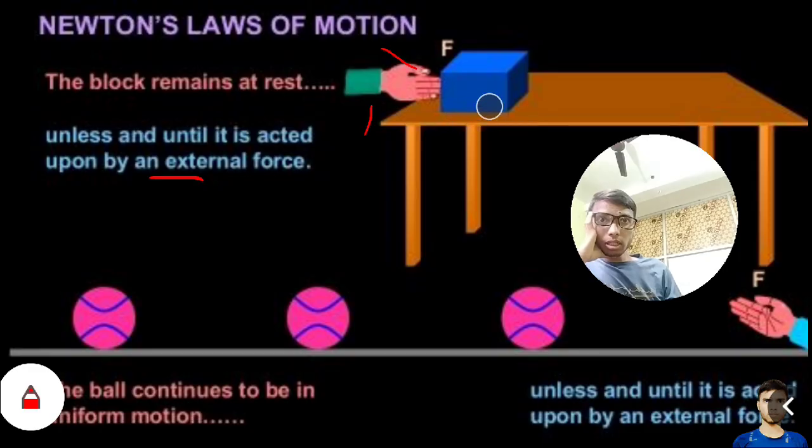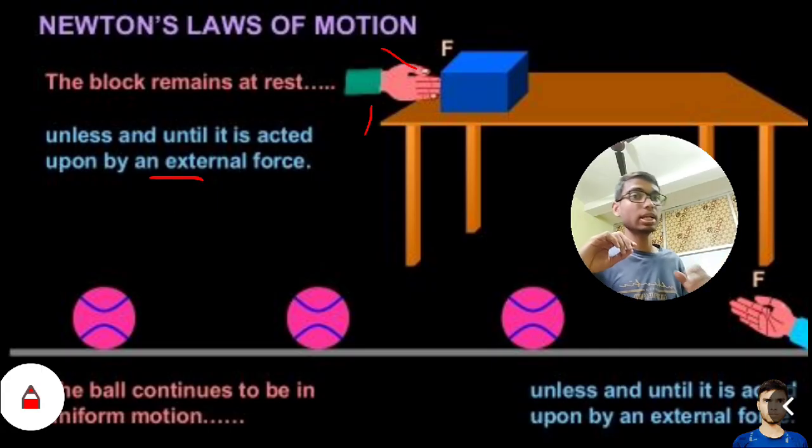It wanted to be in rest, but external force disturbed this object unless and until it is acted upon by an external force. This external force is being applied on this object by using this hand. Okay, and external force can be applied on this object by using anything. Clear? Okay.